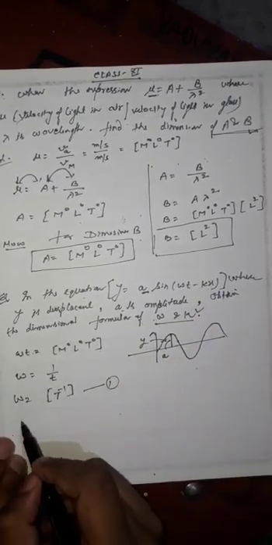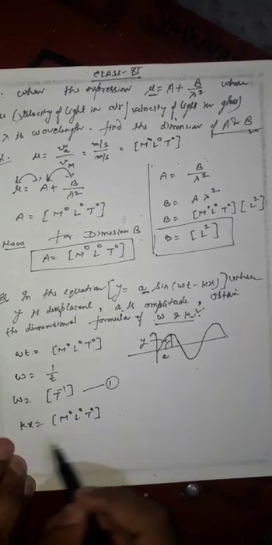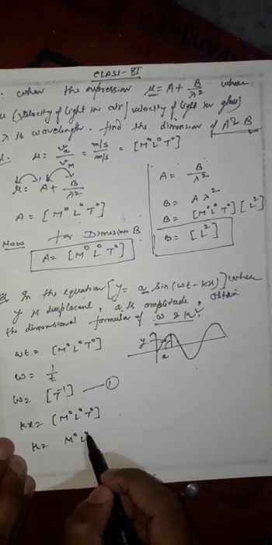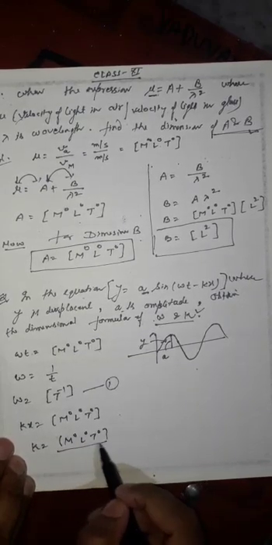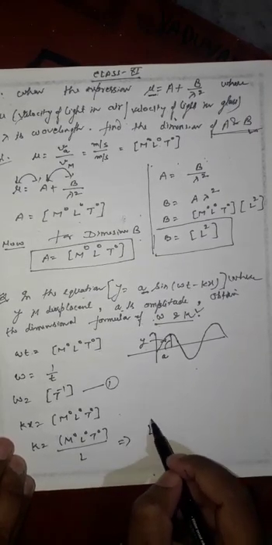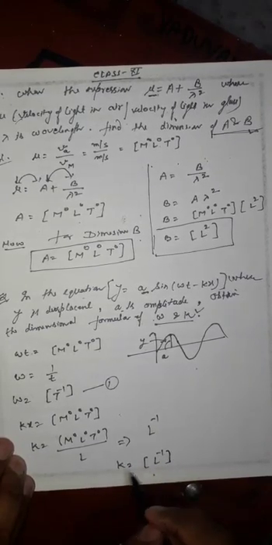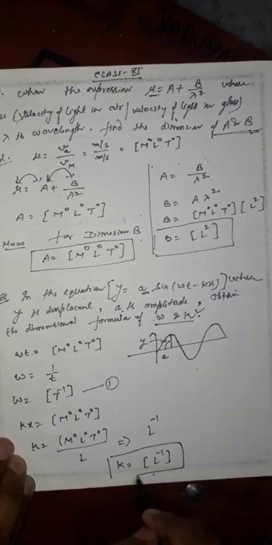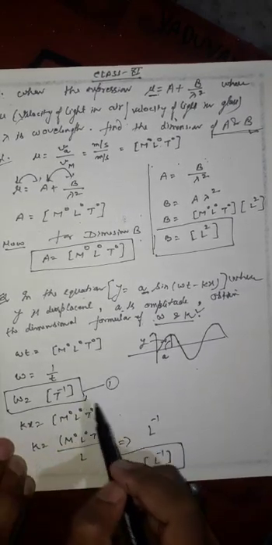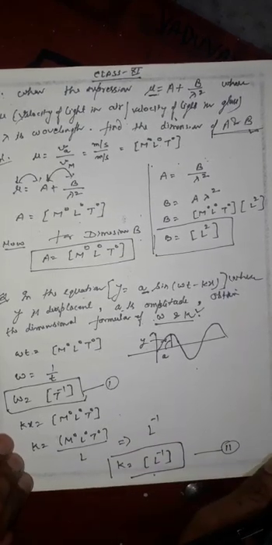Similarly kx is dimensionless, M0, L0, T0. So k is M0, L0, T0 upon the distance x, which is displacement L. So we can say L to the power minus 1. The dimension of k is L inverse, L minus 1, and the dimension of omega is T minus 1. This is equation second, and that was equation first.